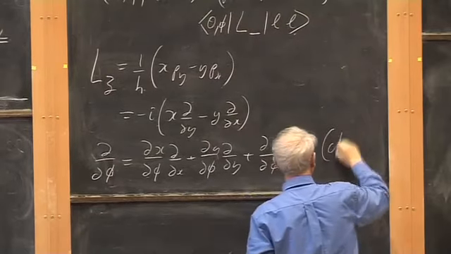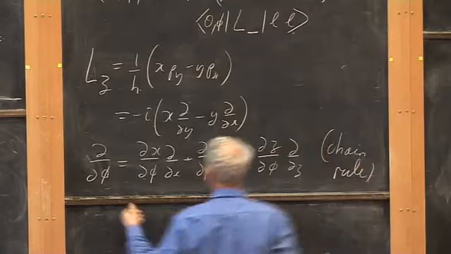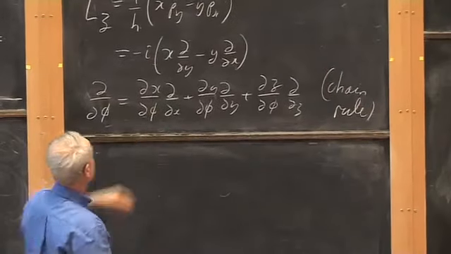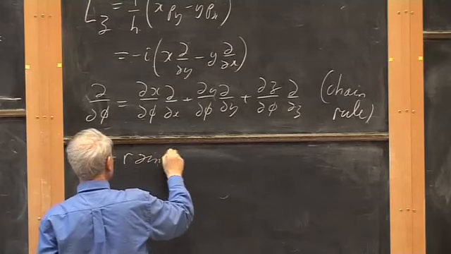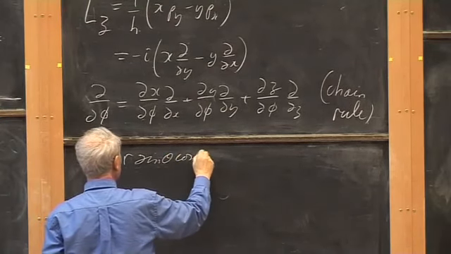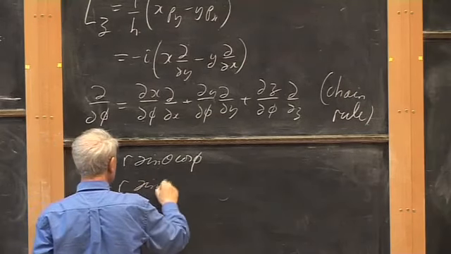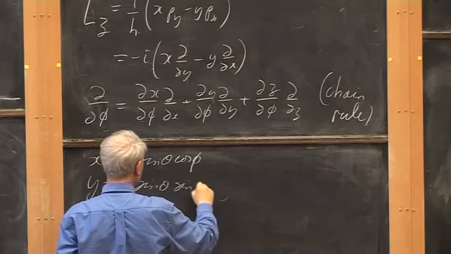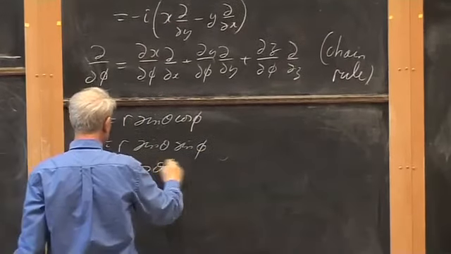That's just the chain rule from calculus. Now we put in what x, y, and z are. We know that x in polar coordinates is r sine theta cos phi, y is r sine theta sine phi, and z is r cos theta.